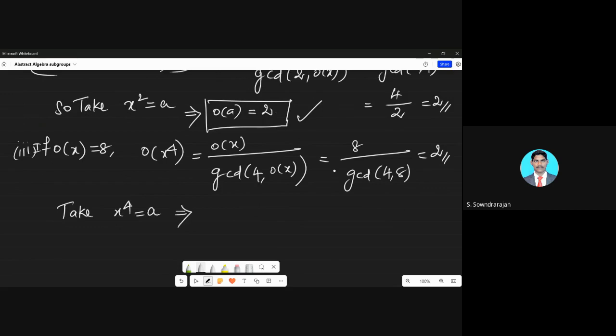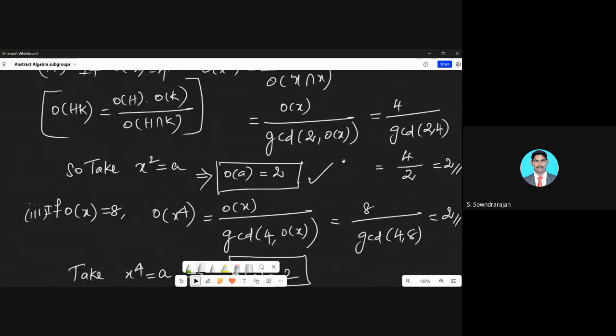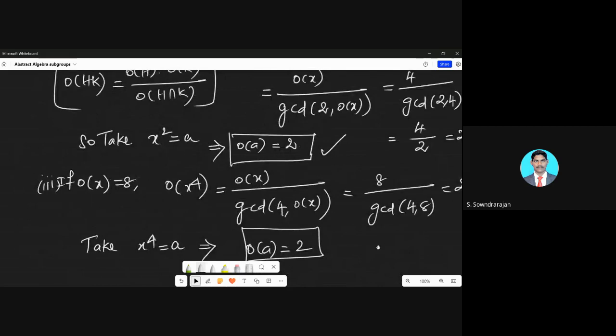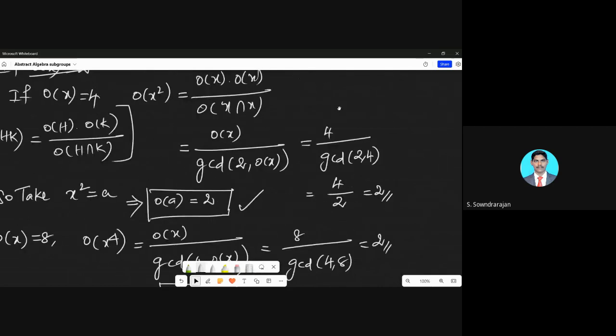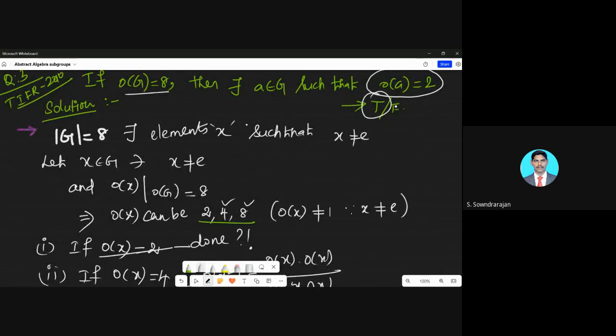In that case, we receive order of a equal to 2. In all cases, order of a equal to 2 alone. Therefore, the statement is true. Right?